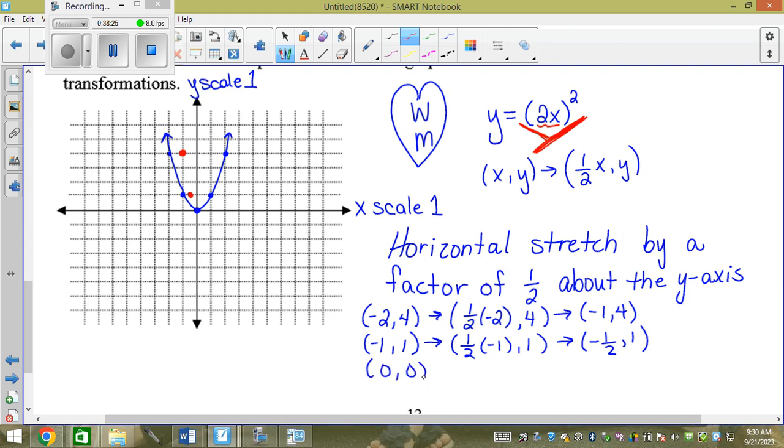Zero, 0 becomes 1/2 of 0 and 0. 1/2 of 0 is 0. So this one is what? What is this coordinate? Invariant. Yeah, it's an invariant point.